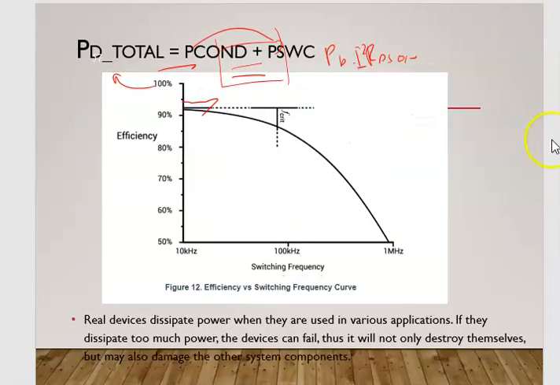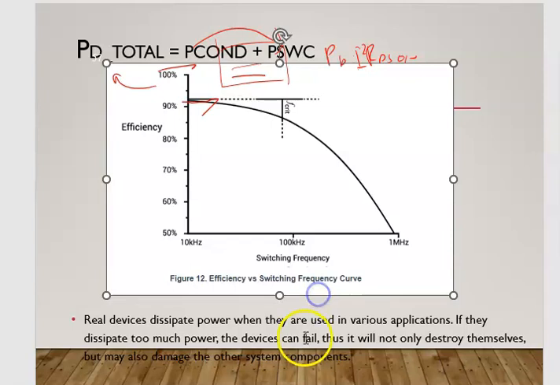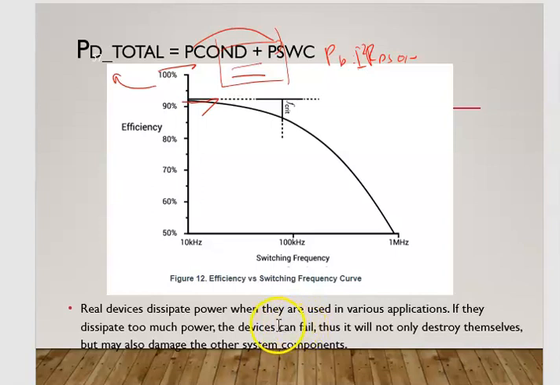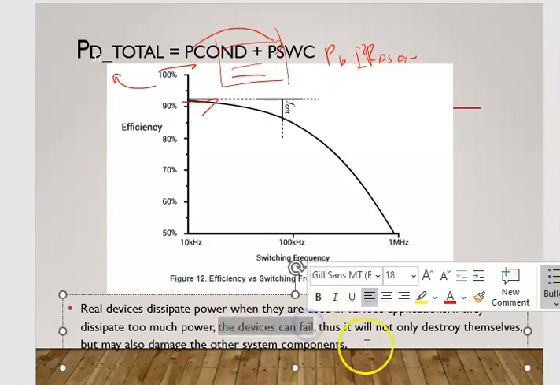Okay, as we can see, real devices will dissipate power when they are used in various applications, and when they dissipate too much power, it will build heat inside the junction. The device can fail.